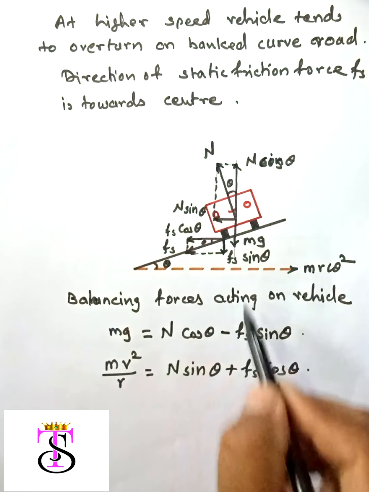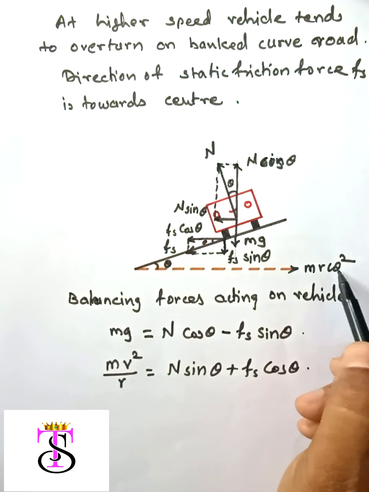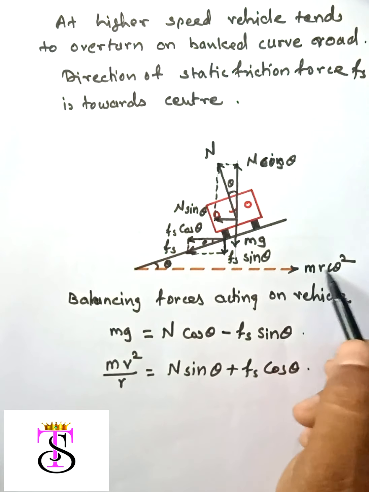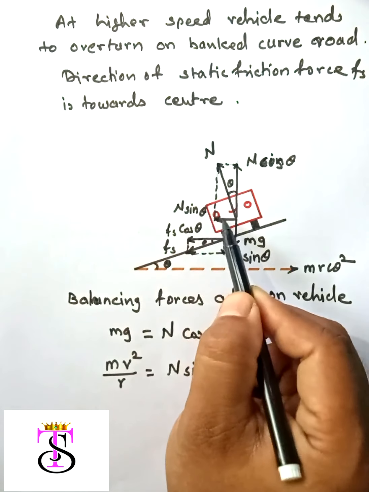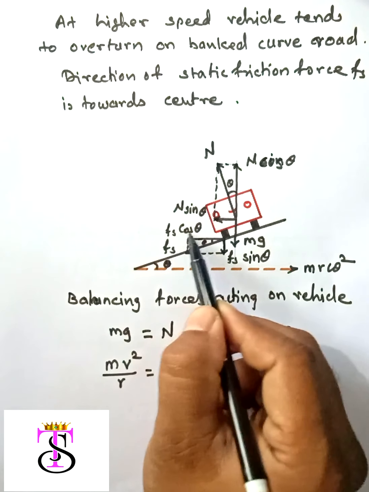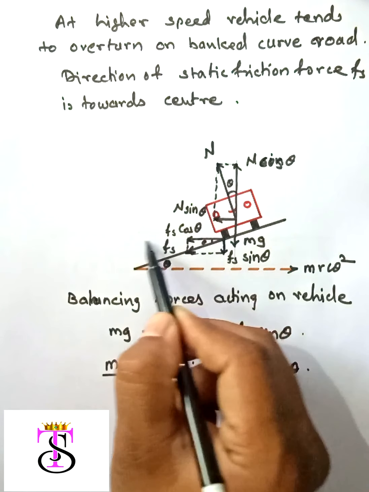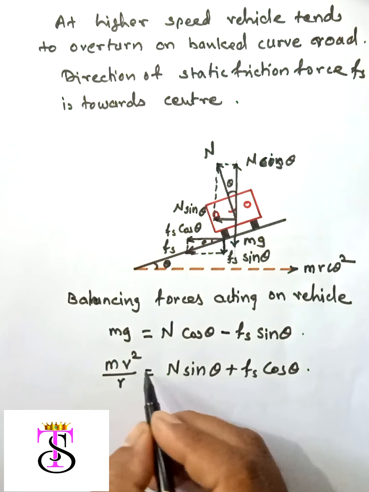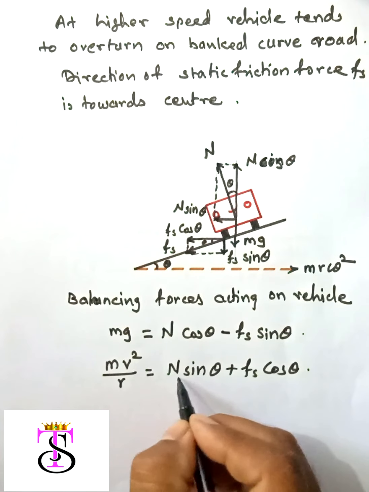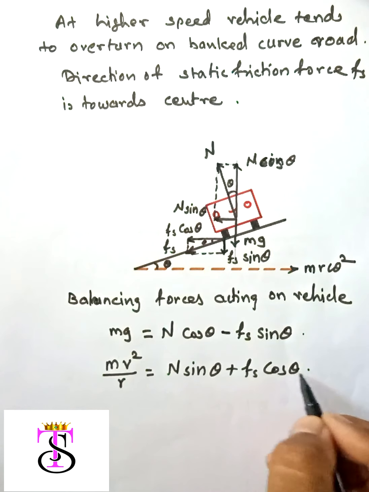The centrifugal force is towards right, positive, and n sin theta and Fs cos theta are towards the left side, that's why they are negative.